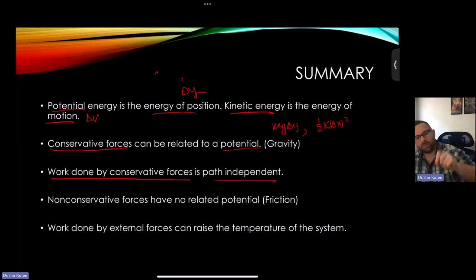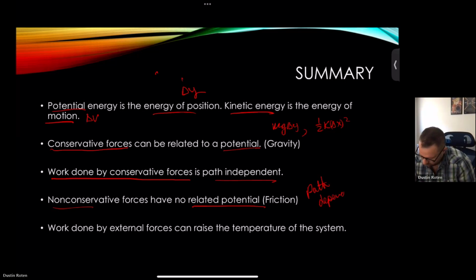However, non-conservative forces have no related potential. Okay, so like friction. And of course, they are path dependent. And then finally, work done by external forces can raise the temperature of the system.